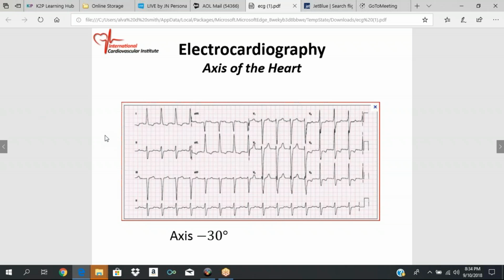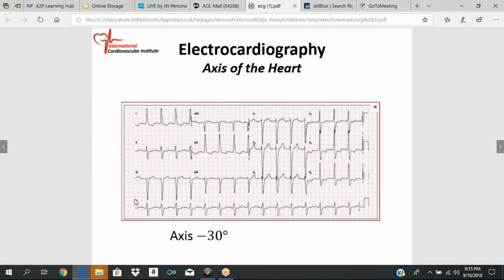If it's sinus rhythm, you're going to have P waves. If you look at your ECG, this is your QRS, the big QRS. After the QRS, you have your T wave. After the T wave, you have your P wave. If it's a sinus rhythm, you're going to have upright P waves in leads 2, 3, and AVF, and every P wave is going to be followed by a QRS.